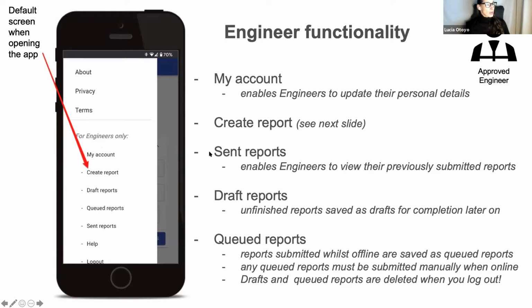And then we have draft reports. Draft reports is an area where you will see any reports that you've created but haven't submitted yet. So you may have only partially created a report, only filled in some of the fields, and you may want to save it and submit it later. So you would have them saved in this area. You also have queued reports.